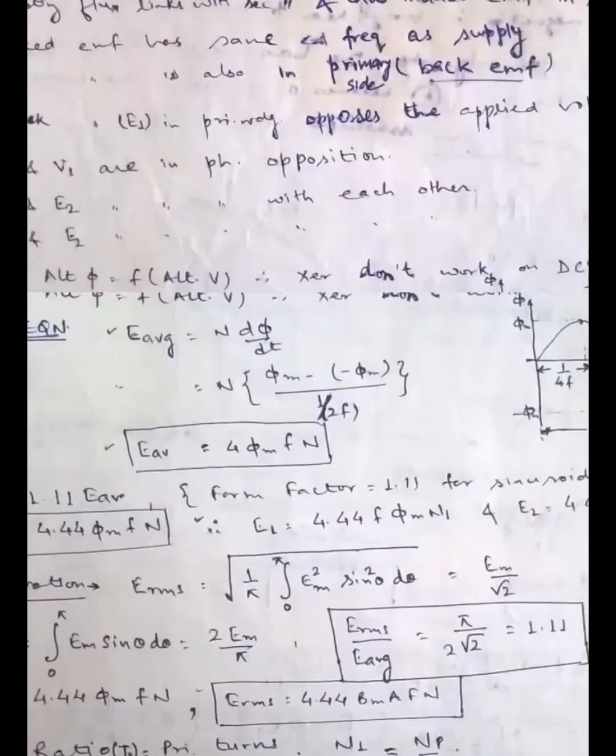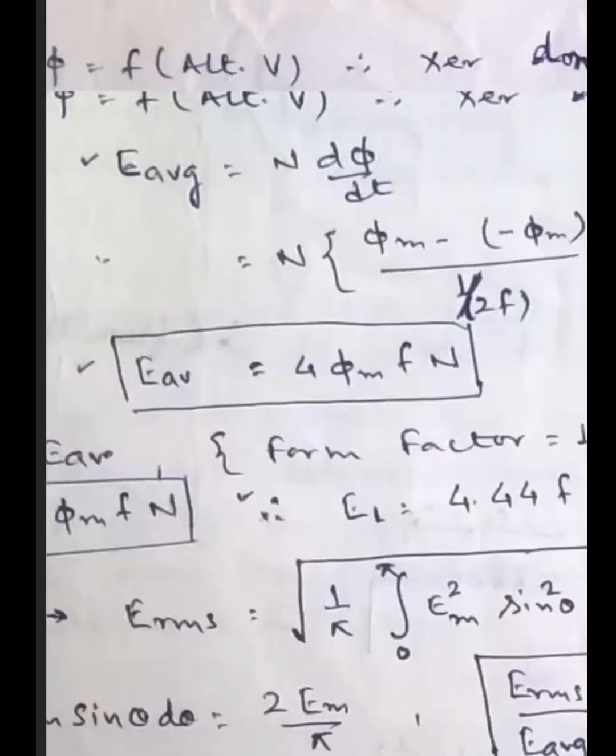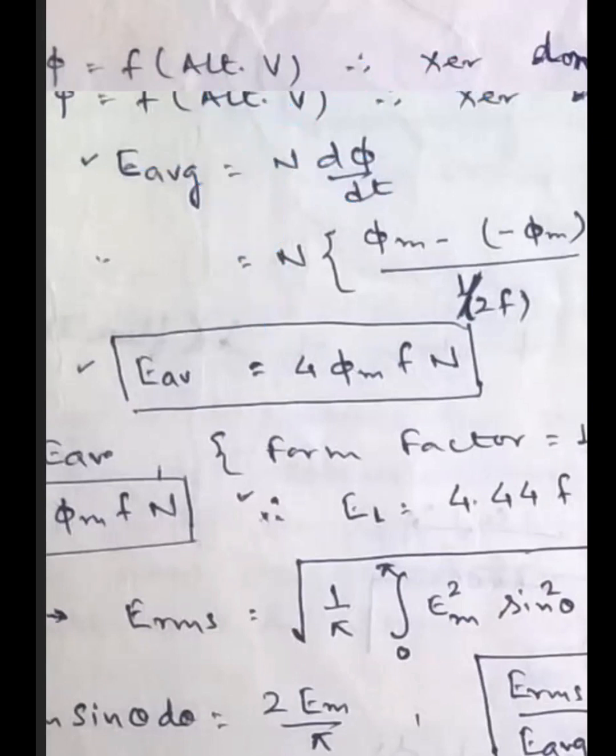Okay, so this is the average EMF. It is true for each and every point. Let's consider one more point here. Suppose that this is our flux. If it is φm here and 0 here, so φm minus 0 becomes φm, and this is the quarter, that is T/4. T/4 means 1/4f. So φm divided by 1/4f will give the same result.